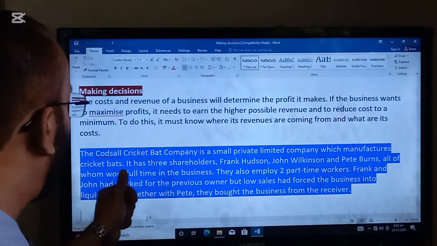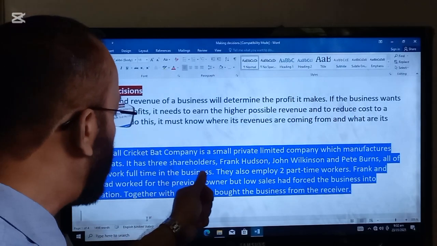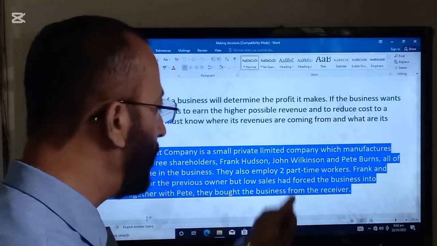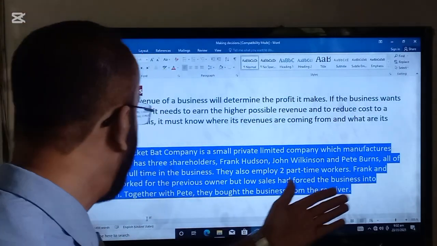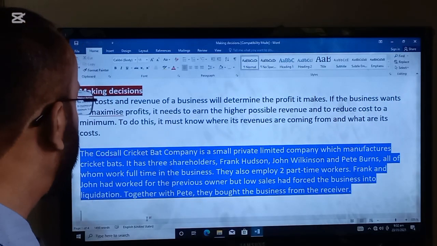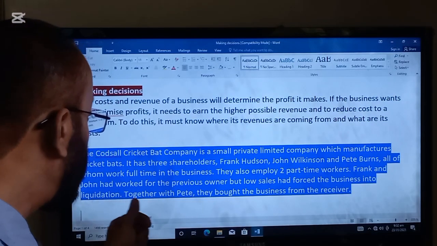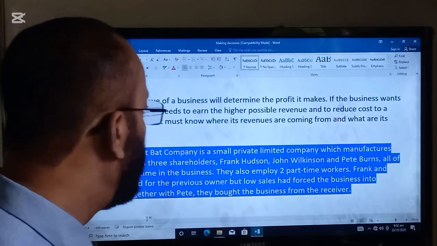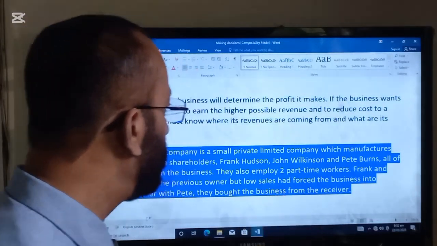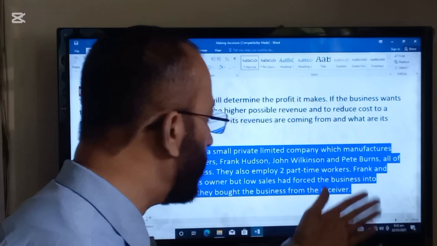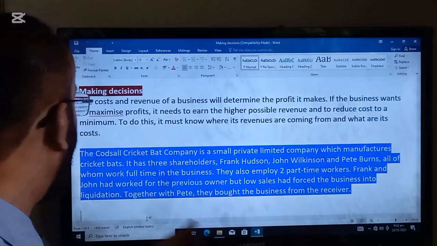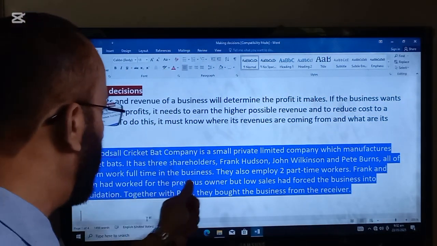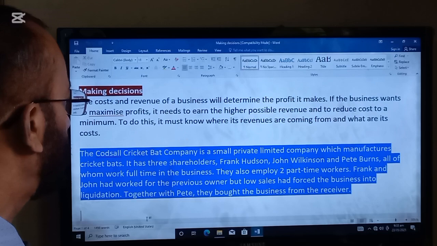The Cotsell Cricket Bat Company is a small private limited company which manufactures cricket bats. It has three shareholders: Frank Hudson, John Wilkinson, and Pete Burns, all of whom work full-time in the business.